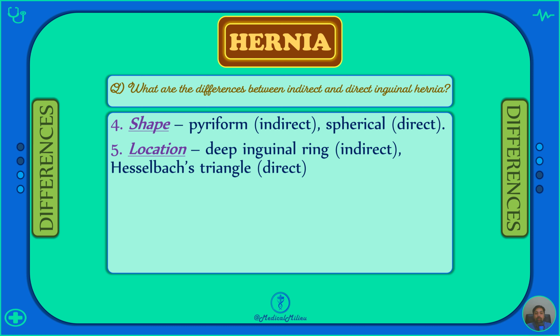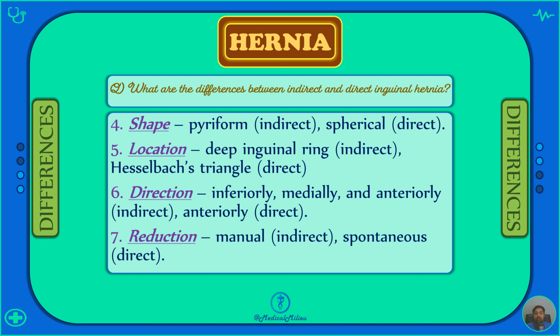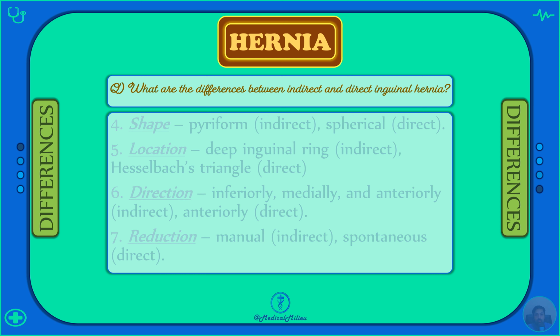Indirect hernia is located at the deep inguinal ring, while the direct hernia is located in the Hesselbach triangle. An indirect hernia descends inferiorly, medially, and anteriorly, while a direct hernia projects anteriorly. An indirect hernia is usually reduced manually, while a direct hernia commonly reduces spontaneously.